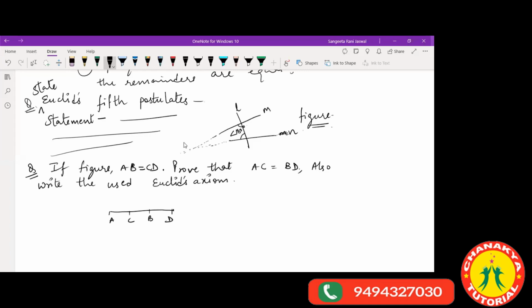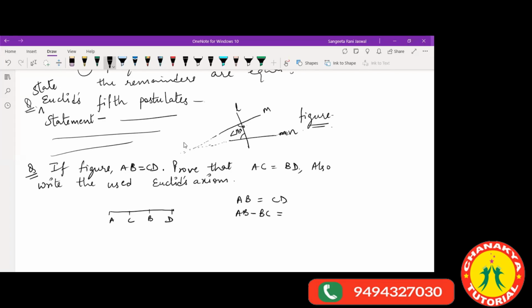So what do you think about this question? See, if I have AB equals to CD, now to get AC out of this, that means from AB, I want AC, that means I will have to subtract CB. Okay, I will subtract CB from here.